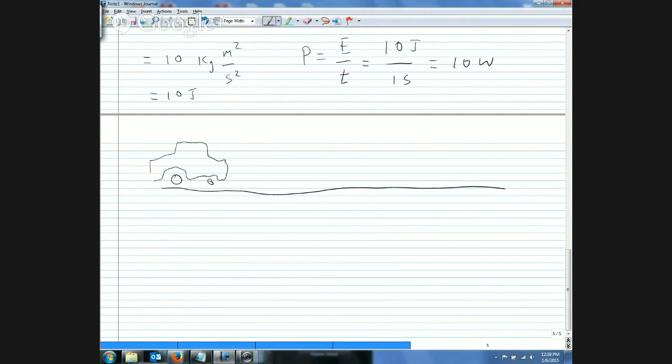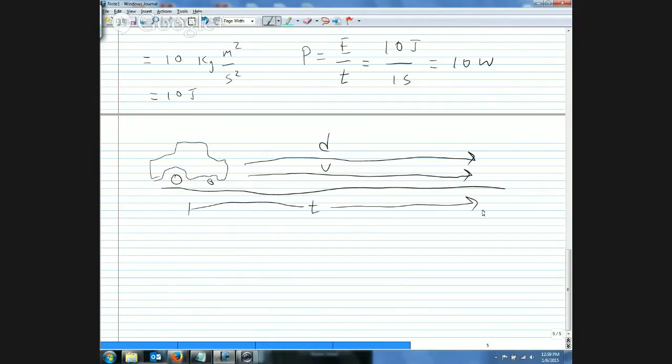Dr. Seuss got away with it, so can I. So the car is going to drive some distance, and it's going to drive at some velocity, and it's going to take a certain amount of time to get from point A to point B.